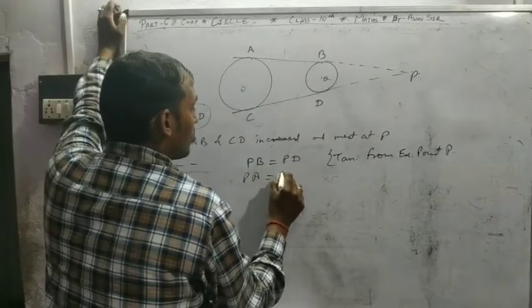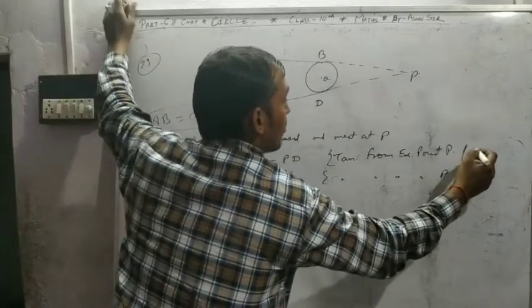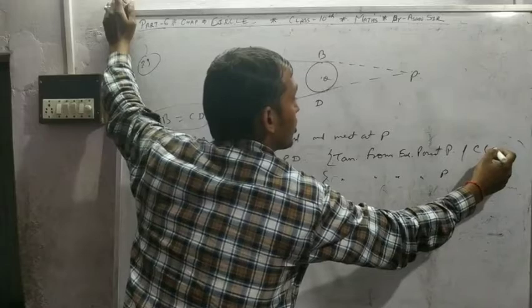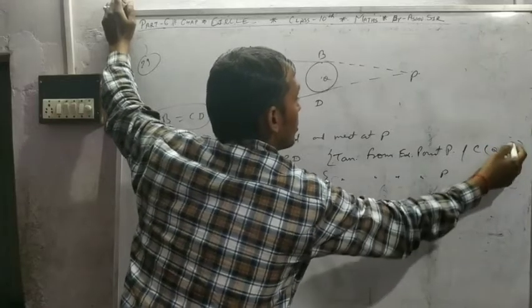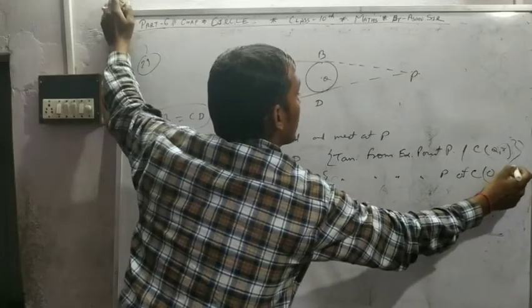PA is equal to PC, tangents from external point P of circle of center Q, radius R, of circle of center O, radius R.